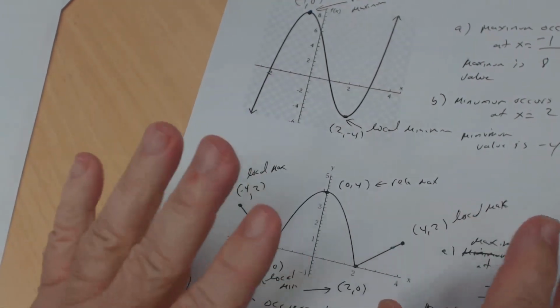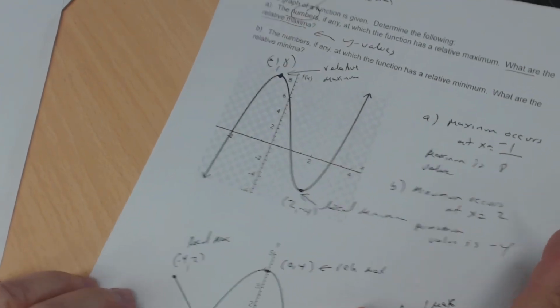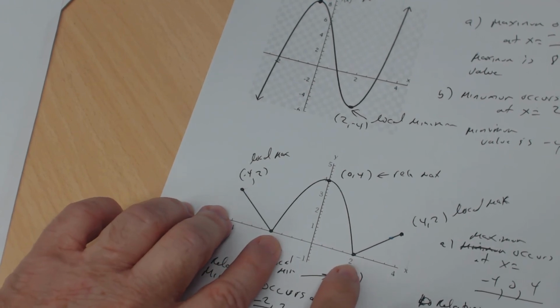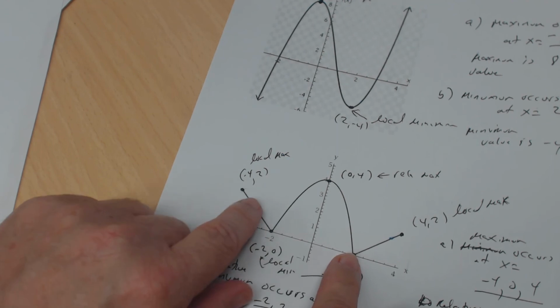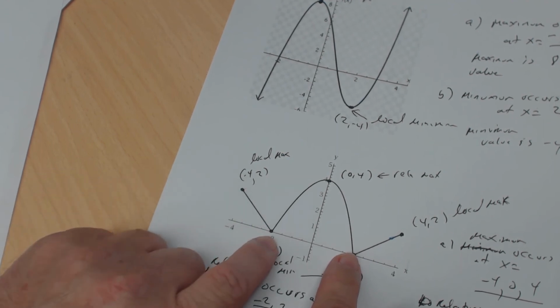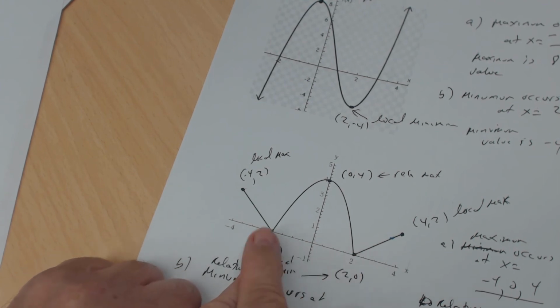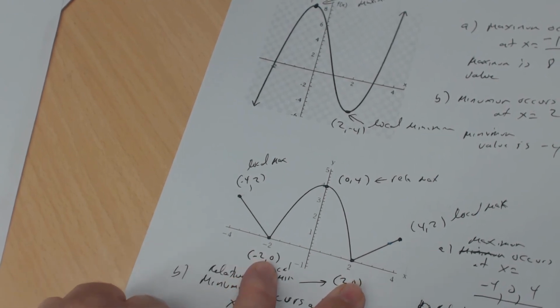All right, just letting you know, see how these were arrows, and you don't have to know this for this course. But see how this was a local minimum? It also turns out to be an absolute minimum. The graph doesn't go any lower than this. So 0 is the smallest y value you're going to get on the graph. So those are absolute minimums.